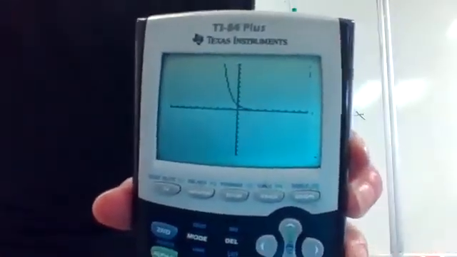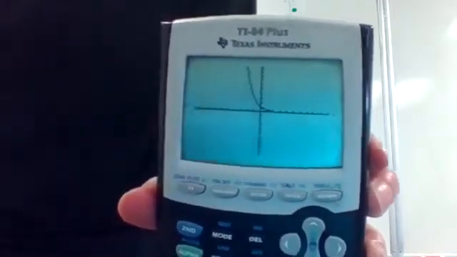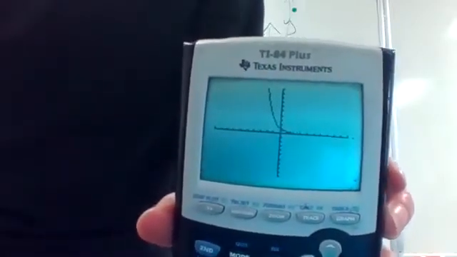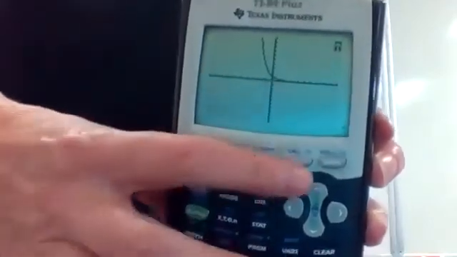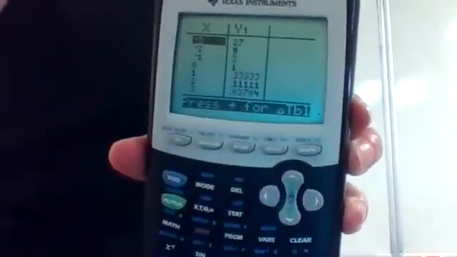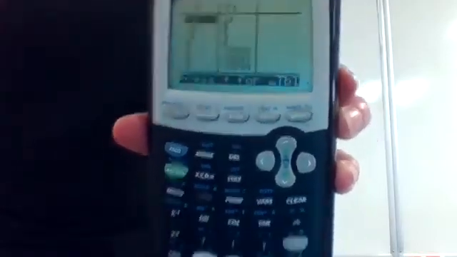It's the same kind of shape, but it's reflected across the y-axis, right? And let's look at the reasoning for that. So by going to second table, let's look at some of these points.